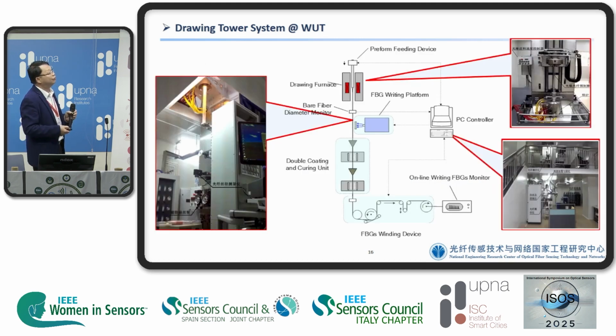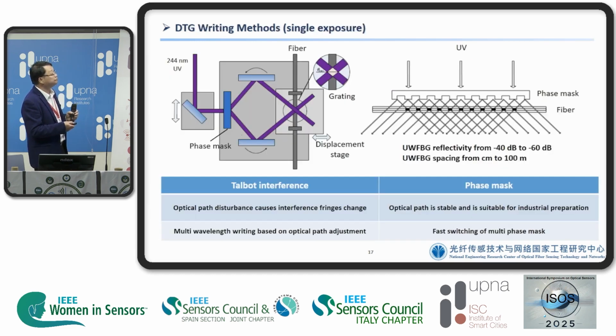So this is our facility at our institution, and here is the FBG writing system. At the very beginning we used different technologies. First based on Talbot technology, another based on phase mask technology.